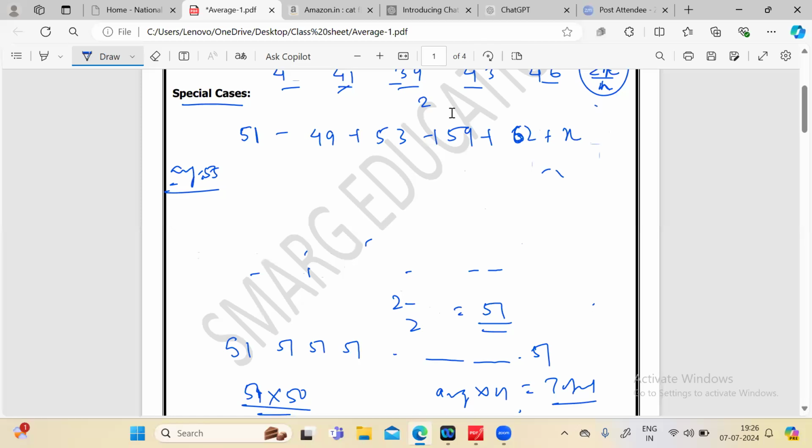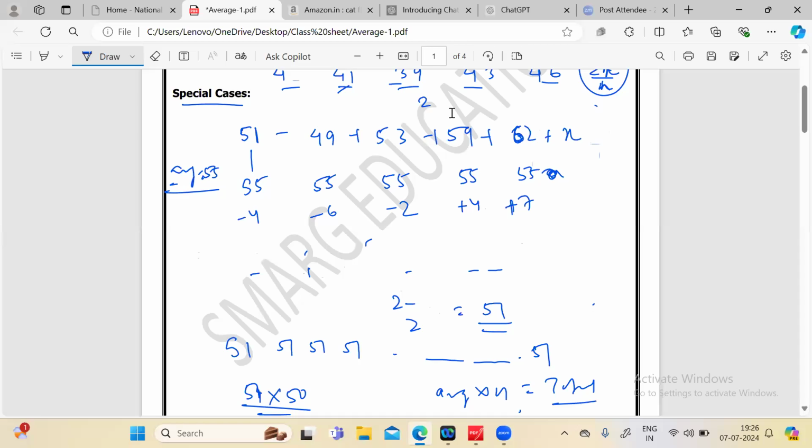So in order to represent all these numbers by 55, 51 needs to have 4. 49 needs to have 6. 53 needs to have 2. 59 will give you 4. 62 will give you what? 7.